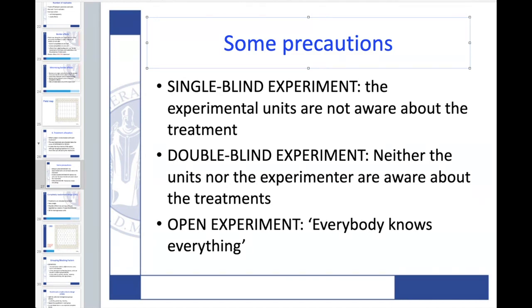Therefore, when we go and make the assessment, we do not know about the treatment for a certain plot. If neither the unit nor the experimenter are aware about the treatments, we talk about a double-blind experiment. So we might have single-blind experiments and double-blind experiments. Or we can have an open experiment where everybody knows everything, which is the common situation in agriculture. But I think it's important to at least give a brief mention about single-blind and double-blind experiments.